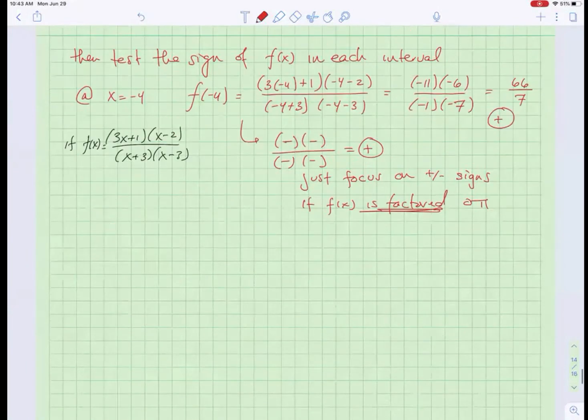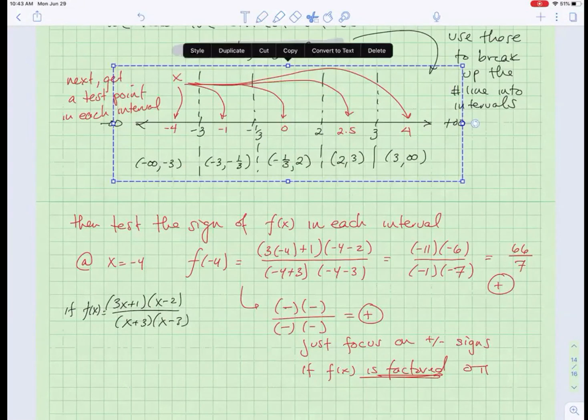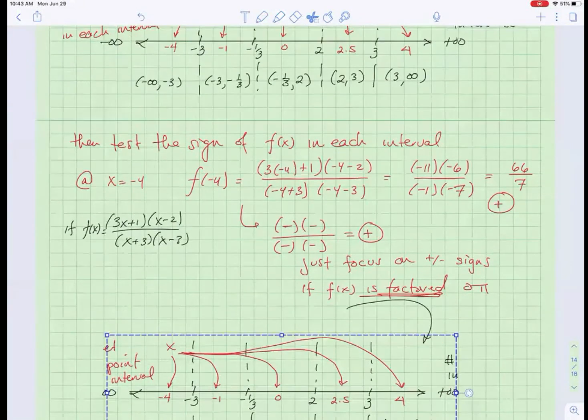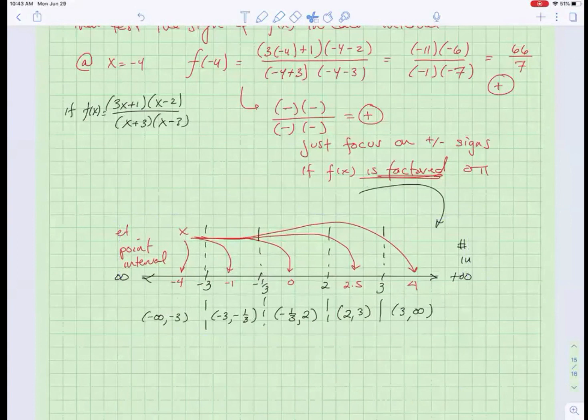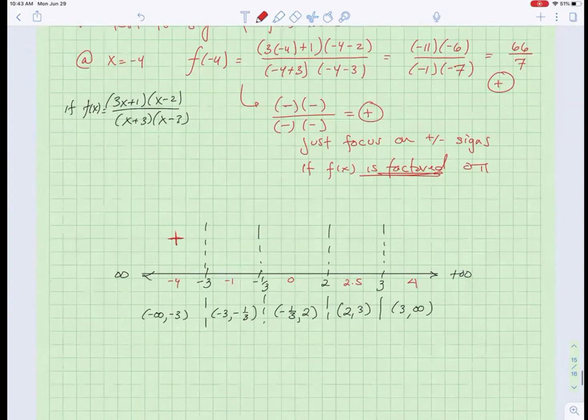So if I draw this again here, I'll just duplicate this really quick. Oops. I should have kept that -4. I didn't mean to erase that. F of -4 is positive in this region.